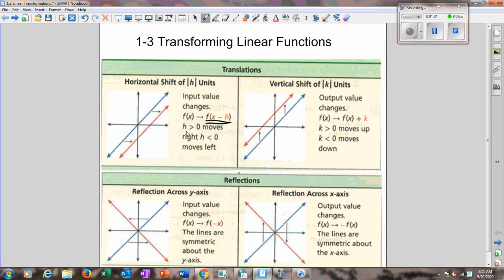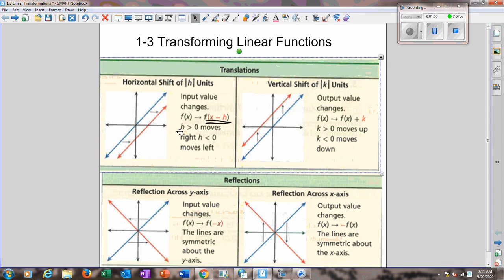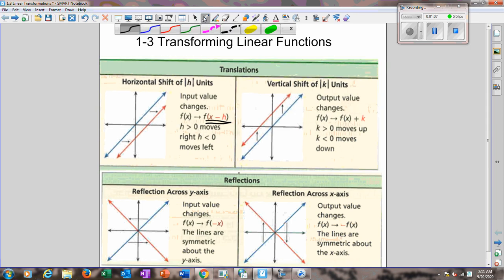If the number is greater than 0, so if the number is being subtracted, it moves right. So subtraction moves right. I'm trying a new method here. It's not working out perfectly with the writing, but my other method broke.